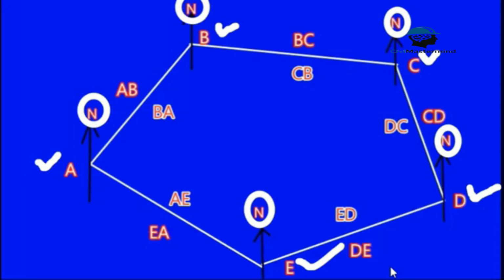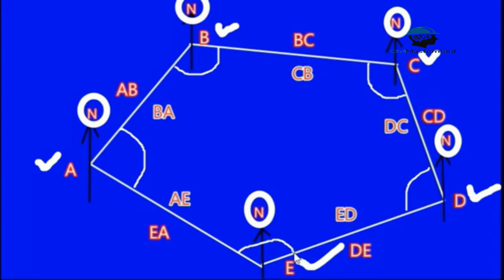First I'll let you know the reasoning for conducting this practical. The reason for conducting this practical is that we need to know these internal angles, right? These internal angles, that is angle A, angle B, angle C, D and E.